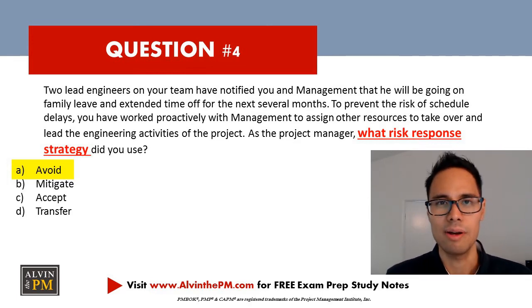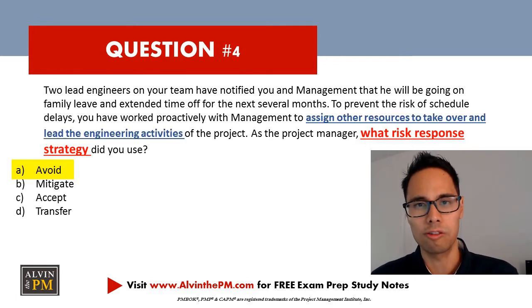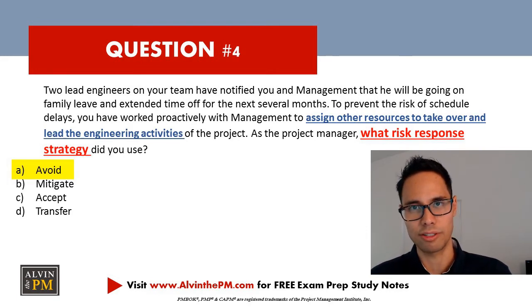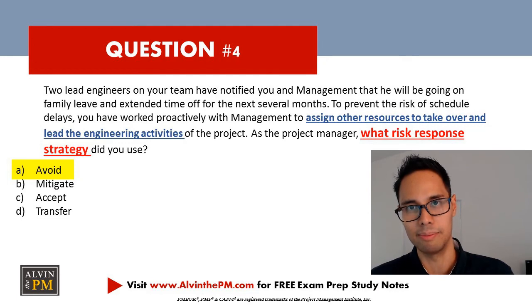In this scenario, was the risk reduced or was it completely eliminated? The question states that other resources have been assigned to take over and lead the engineering activities. This indicates that the risk of potential schedule delays for supporting engineering work has been completely eliminated.